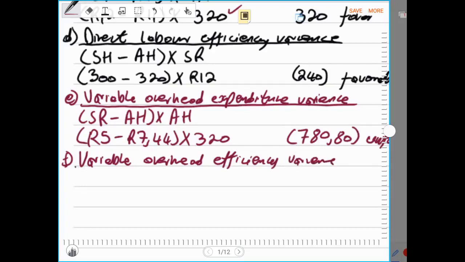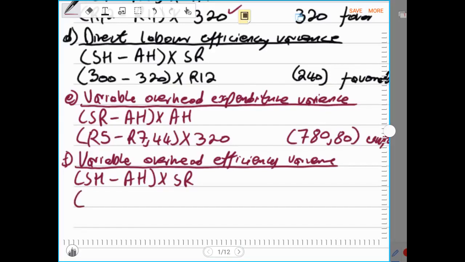We know that this variance is standard hours minus actual hours, times this by the standard rate of overhead. The standard hours does not change. It's the same standard hours that was there in the labor variance, which we calculated to be 300. Actual hours is the same 320, nothing changes.